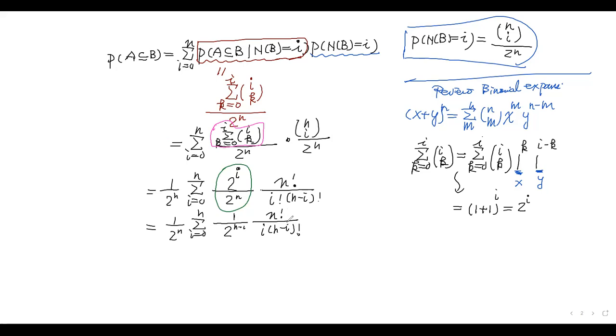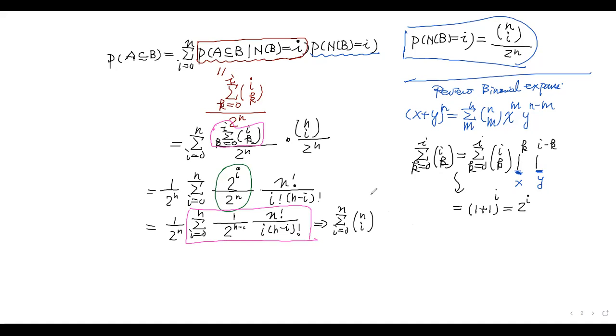Okay, so in here I'm going to use the binomial expansion one more time. So how do I use the binomial expansion one more time? Okay, take a look here. So this is a summation i from 0 to n, right? So this is n factorial over i factorial, n minus i factorial. So this is n choose i, all right?